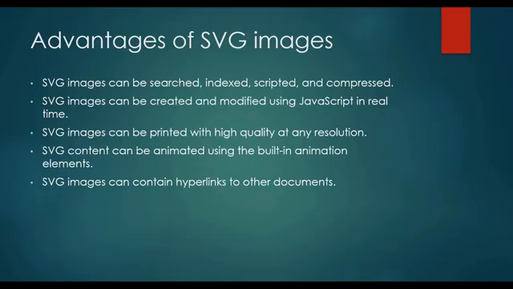I can give a particular name for different parts of the image because we are drawing that image. So an SVG image can be created and modified using JavaScript, in real time according to the value, as I already told you.